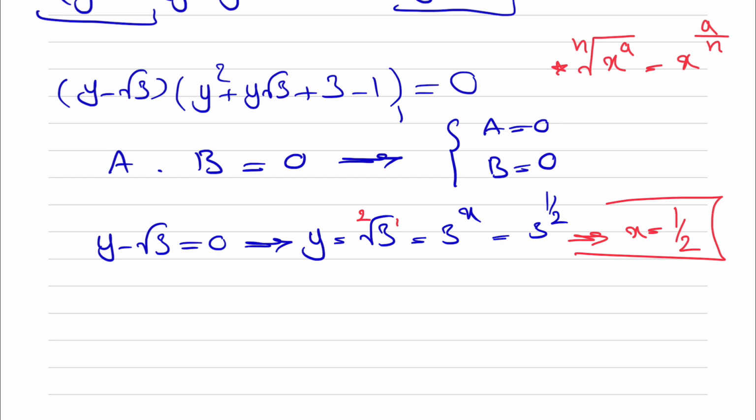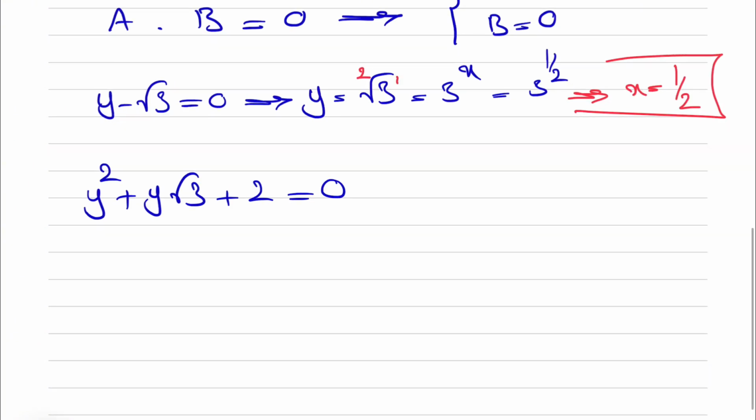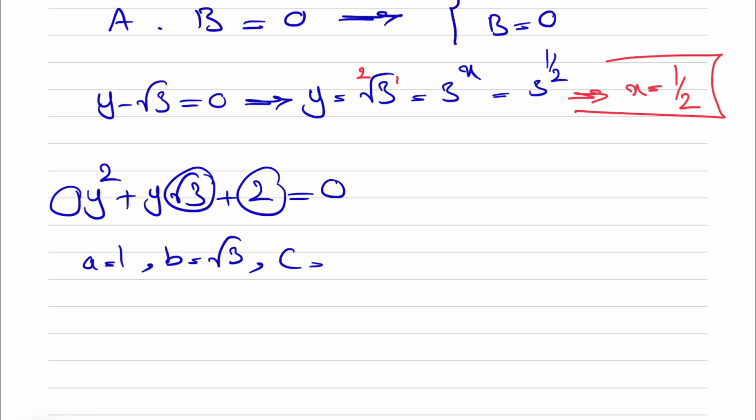And the second answer, we have to have this part is equal to 0. So y squared plus y square root of 3 plus 3 minus 1, which will be plus 2, is equal to 0. And here we have a quadratic equation. We're going to go with our ABC. Our a is 1, our b is the square root of 3, and our c is 2.